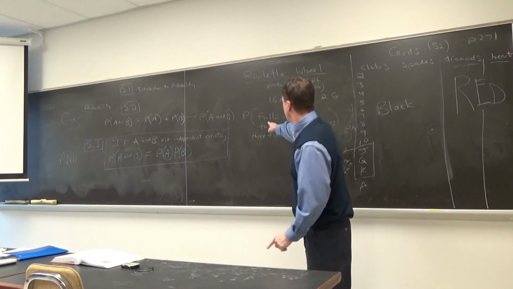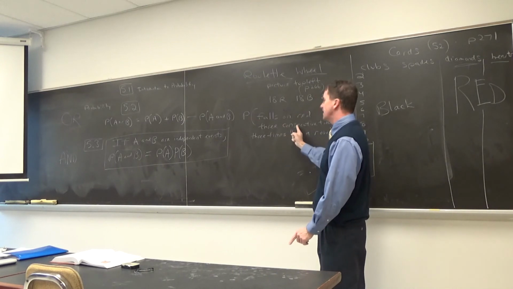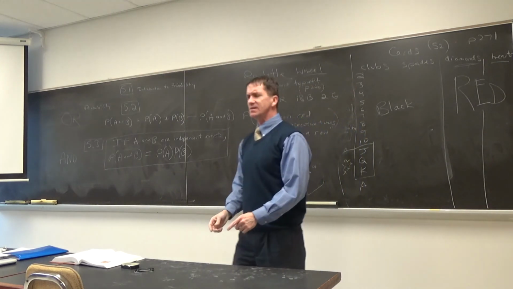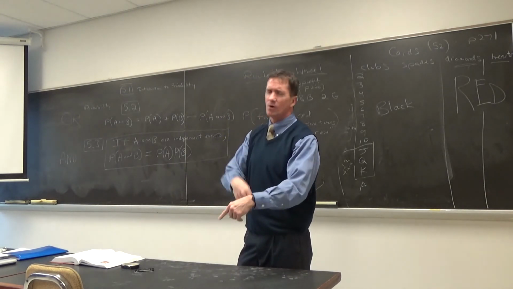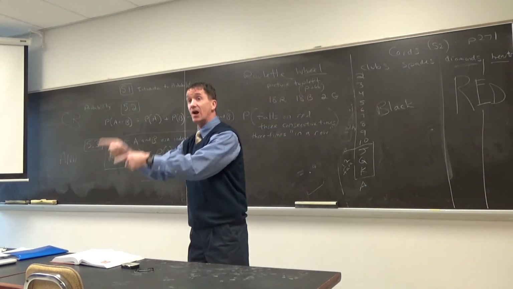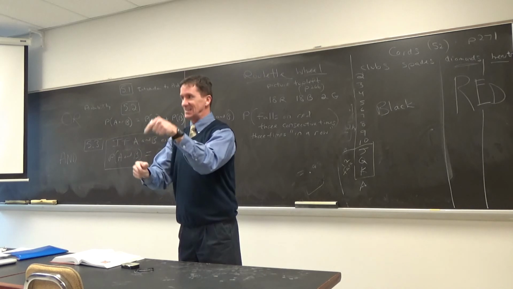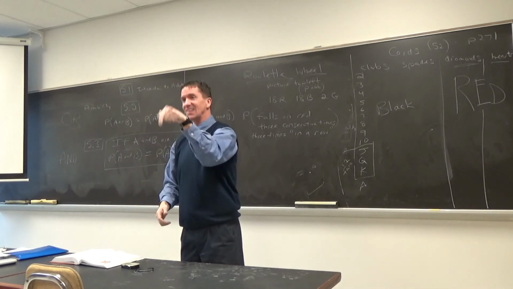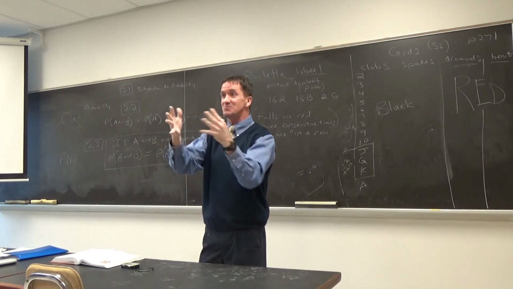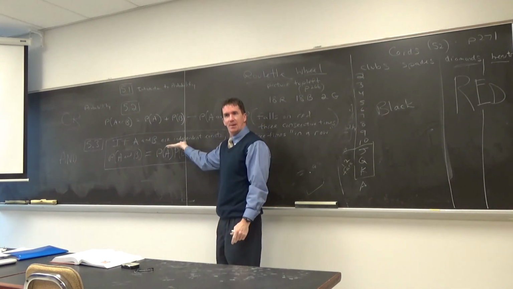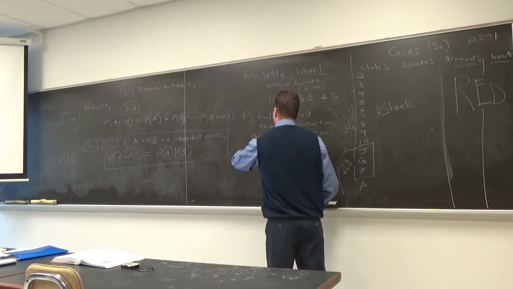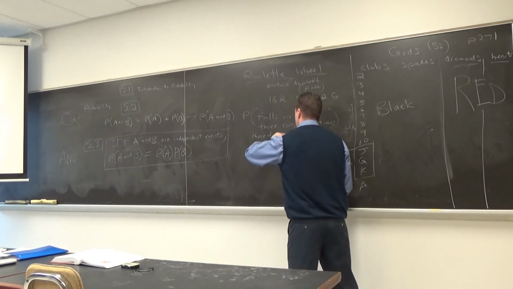What's the probability it falls on red 3 consecutive times? That doesn't mean it lands on red, or then it lands on red, or then it lands on red. This means it lands on red, and lands on red, and lands on red. Do you follow me? So that's why we're going to multiply these, and we're allowed to because they're independent events. So I'm going to get my parentheses right.